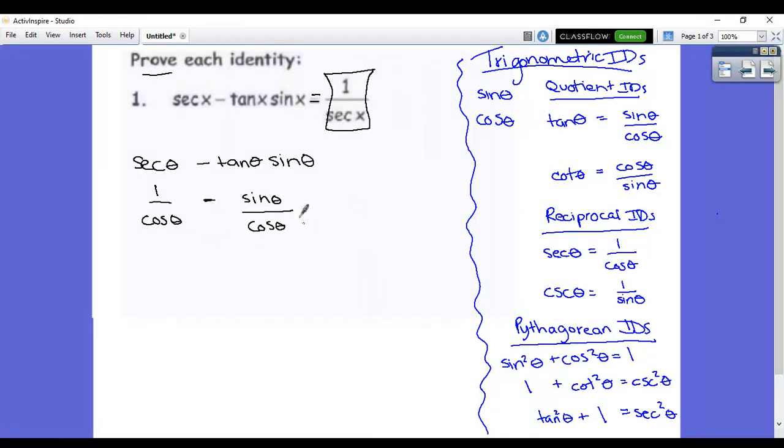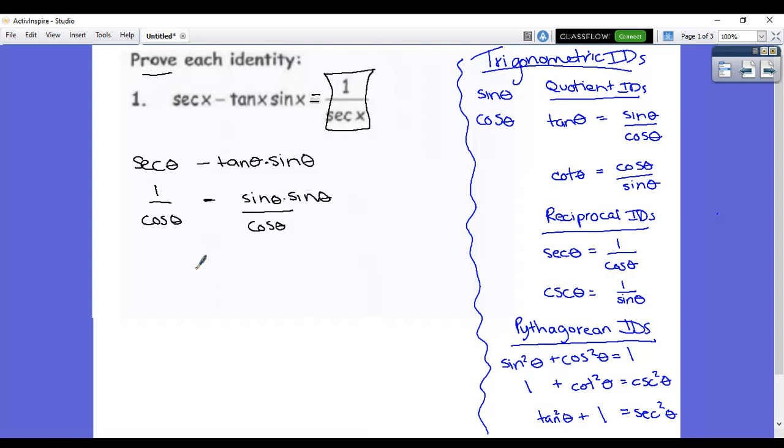So now, I also have, remember this sine is here. So I'm going to keep that sine up in the numerator because it's like multiplying together. So they're just next to each other. Now you see that these are two fractions we're subtracting, and we can combine those because they have the same denominator.